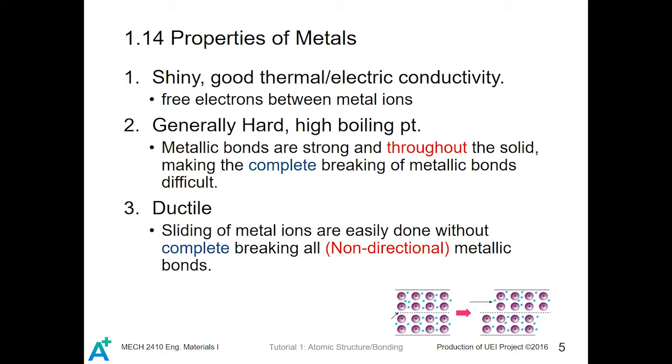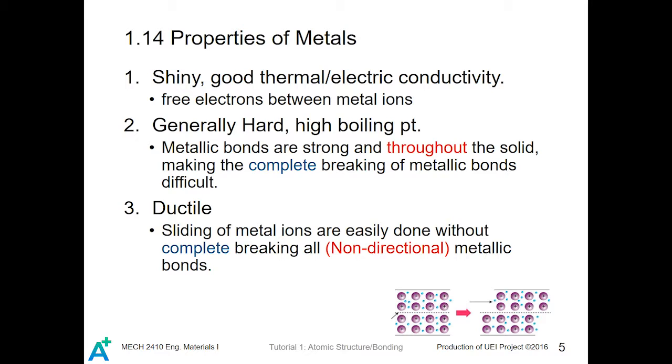Second, they are generally hard and have a high boiling point. It is because metallic bonds are strong and extend throughout the full solid. They make the complete breaking of metallic bonds very difficult, because boiling requires the complete breaking of metallic bonds.